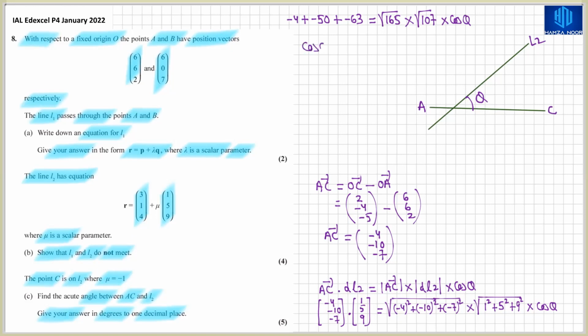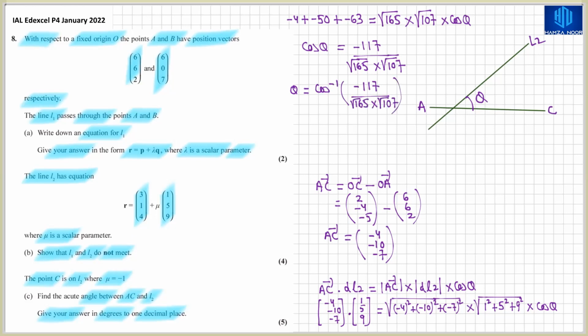So in the next step, I can say cos theta is equal to -117 divided by under root of 165 multiplied by under root of 107. So therefore, theta is equal to cos inverse of -117 divided by under root of 165 times under root of 107.